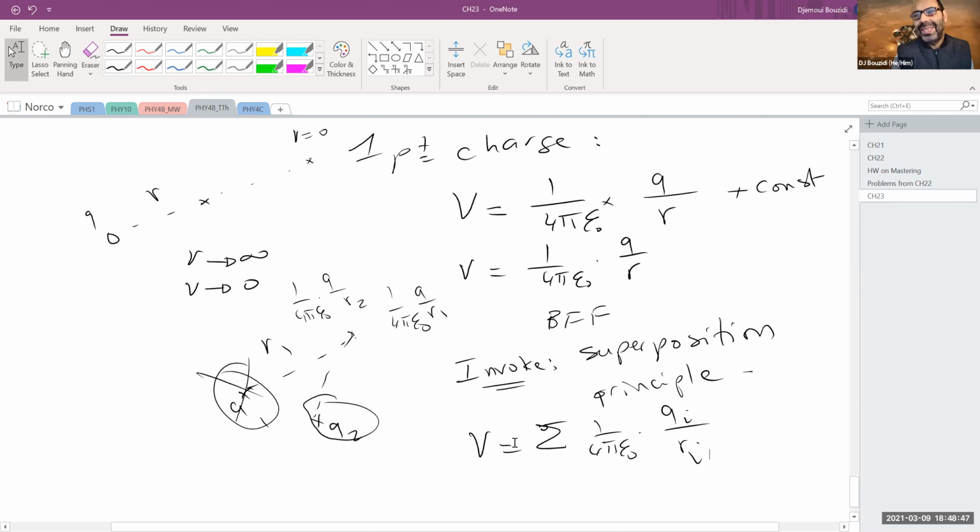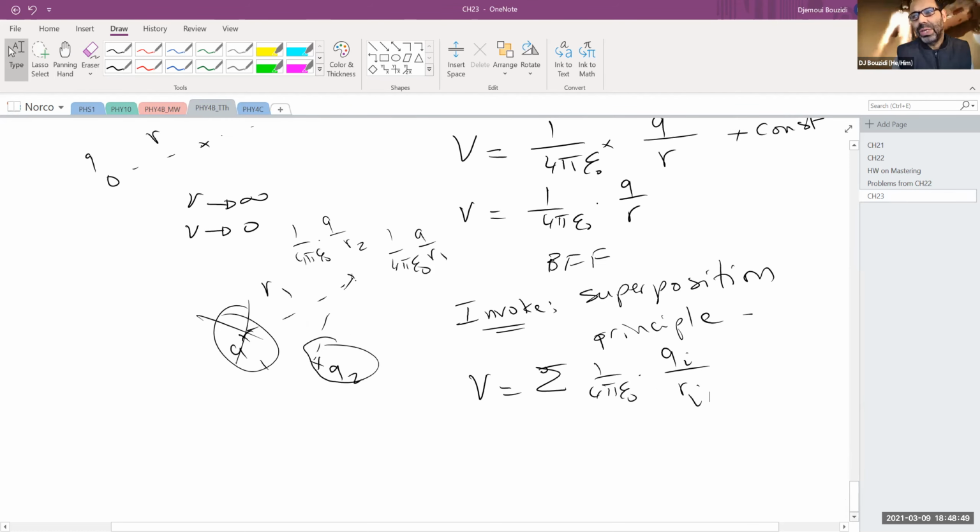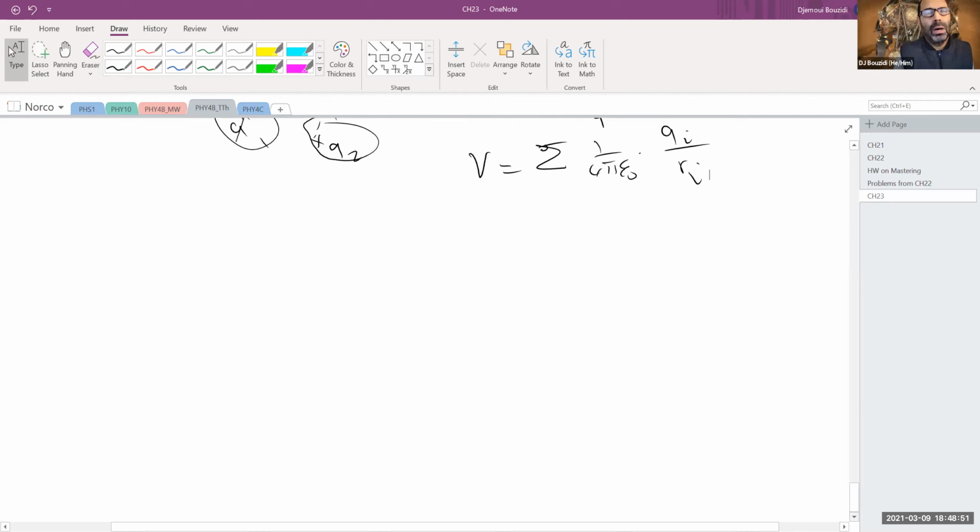Now, if you're curious about finding the energy, you have to be very careful with the word energy because of the following. Let's say I'm trying to assemble an assembly of charges. Let's say I have Q1 by itself here. If Q1 is sitting by itself, there is no energy associated with it, at least as far as electricity is concerned.